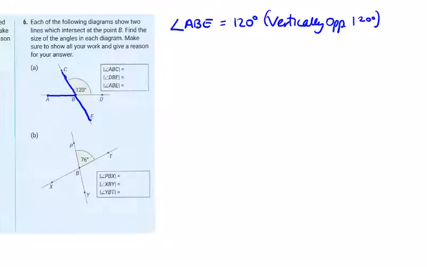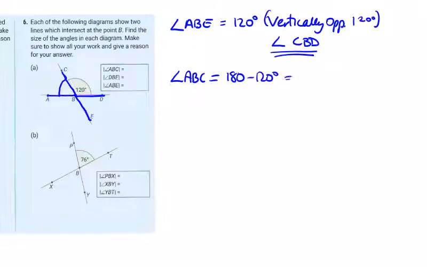You can see here, this one here, and you can call this angle the angle CBD. So therefore, this angle here, because of the straight line, the angle ABC is equal to 180 minus 120, which is 60 degrees because of a straight line. And we could also put in the angle EBD.